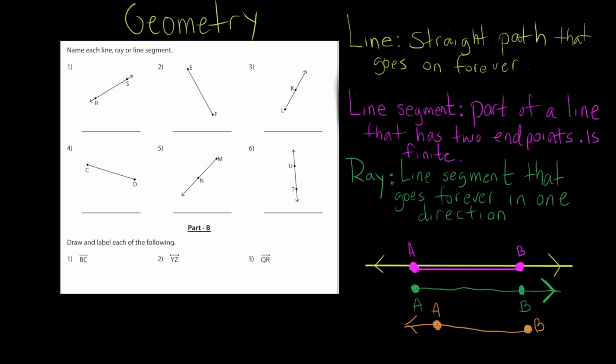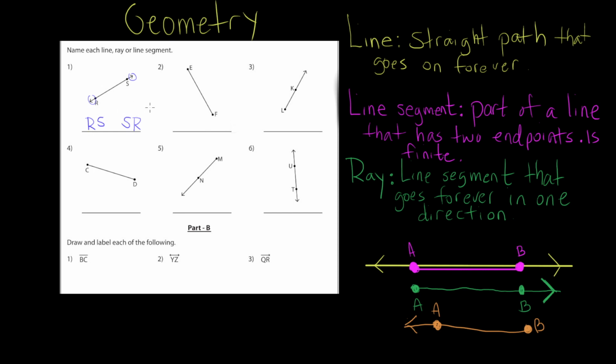So let's solve these. We're going to look at this line right here, and we're going to say, well, what is it? Well, I see that it goes on forever because it's got those arrows. So this is going to be line RS, or can also be line SR, because we can start at S and go towards R, and we could start from R and go towards S. The way that we show that this is a line is we write two capital letters.